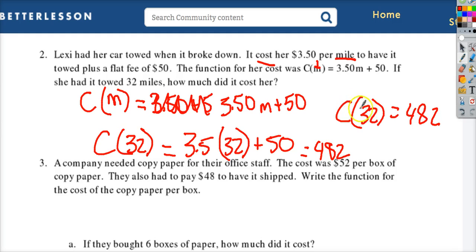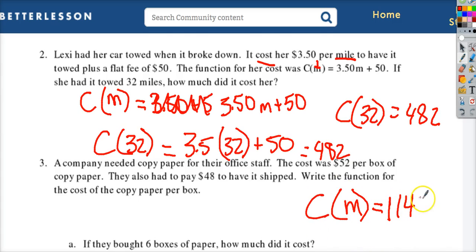Okay, C of 32. The cost for driving 32 miles is the total. That's what it means. All right, if I were to ask you what does C of M equals, let's say, 114 mean?